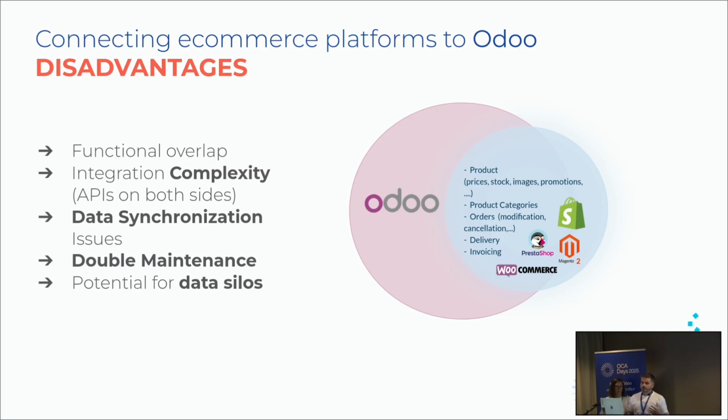With this situation, we have several disadvantages. For example, a functional overlap. Odoo can manage sales, stocks, catalogs for category and products. And it's the same thing in WooCommerce, in our e-commerce platform, but in a different way. So some workflows are reproduced on both sides.